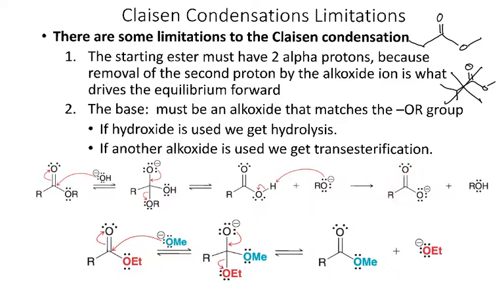If we use an alkoxide ion that doesn't match the OR group of our ester, then in a similar process, we're going to get transesterification, and a nasty mix of products. So if we have an ethyl group on our ester, then we have to use an ethoxide ion. If we have a propyl group, we need a propoxide ion. If we have a methyl group, we need a methoxide ion, and so on.